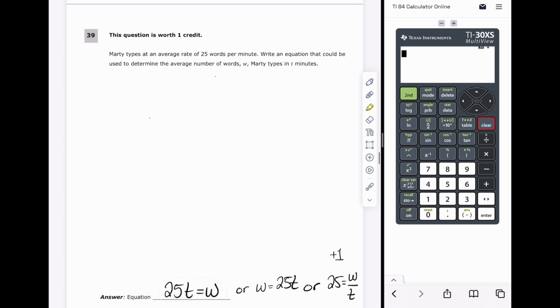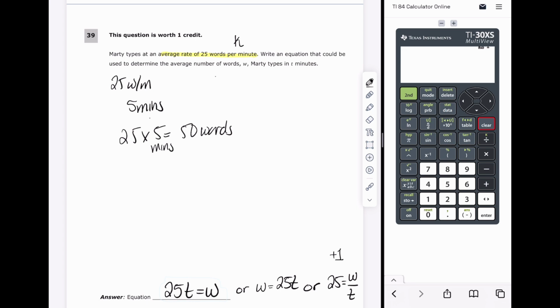So let's break this problem down. Marty types an average of 25 words a minute. That's our constant rate, that's our K, because we know he's doing 25 words per minute. So if I wanted to figure out how much he typed in, let's say, 5 minutes, I would do 25 times 5, which would tell me he wrote 125 words.